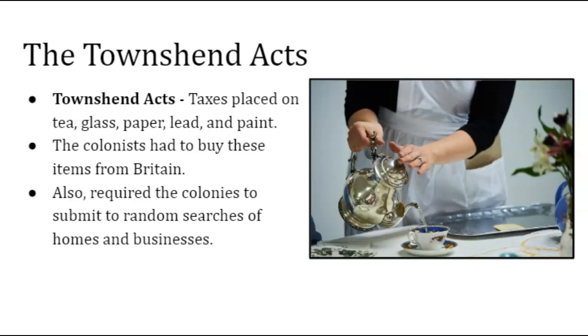The acts placed duties on tea, glass, paper, lead, and paint, all goods that the colonies were required to purchase only from Britain. The revenue from the Townshend Acts would be used by the British to pay the salaries of colonial governors and judges. Previously, these officials had been paid by the colonial assemblies.